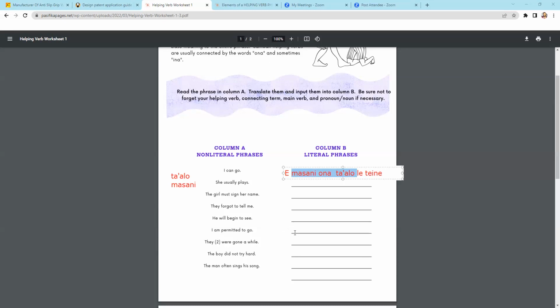And again, if you're confused, always just go back to tense, action, subject, location, or tense, subject, action, location. And then you just throw in your helper verb after your tense. So what is our tense of I am permitted to go?